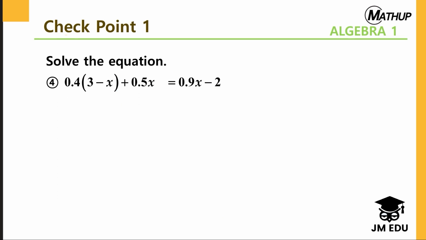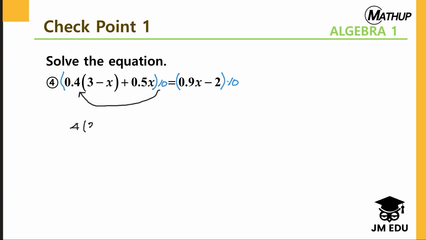Number 4. Again, we have decimals, right? So we have to multiply both sides of the equation by a power of 10. So let's multiply by 10 on the left-hand side. Multiply all of this expression by 10. So 10 times 0.4, that's going to be 4.